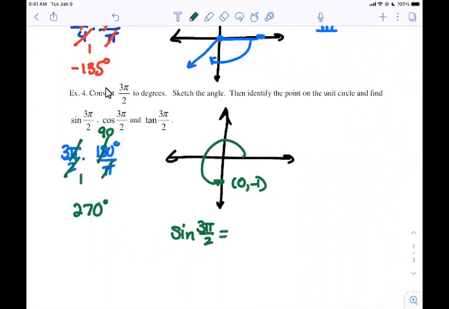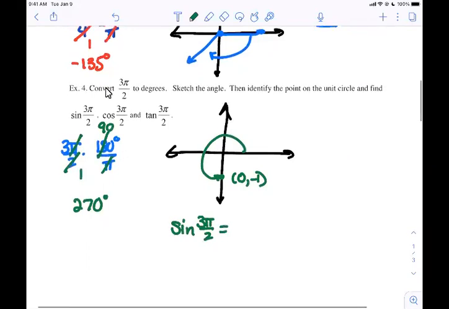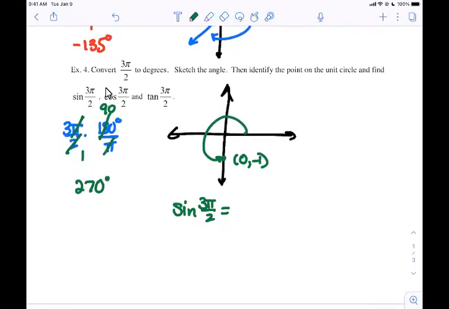Okay, let's see if we now can connect this. Jojo, what would be the sine of 3 pi over 2? Is it the x coordinate or the y coordinate? Remember, we did this in the launch. X comma y, it goes cosine theta, comma sine theta. So it's the y coordinate.